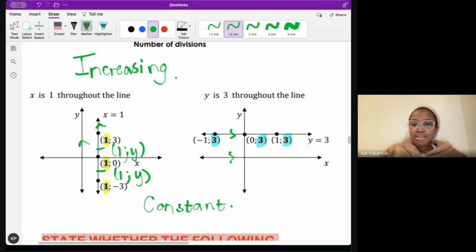All right, can I have thumbs up, thumbs down on increasing, decreasing, and constant graphs before we move on? Alice? I'm pretty sure I just have to allow everyone to unmute. But you guys must behave. Okay, so that Alice can unmute.